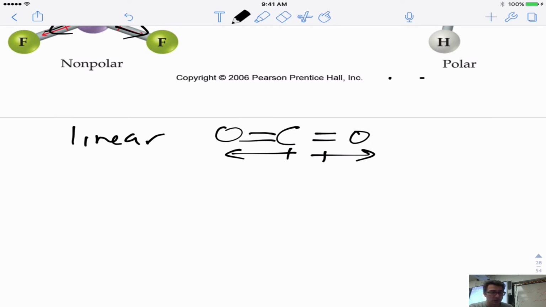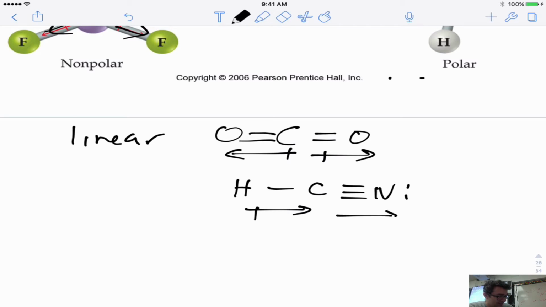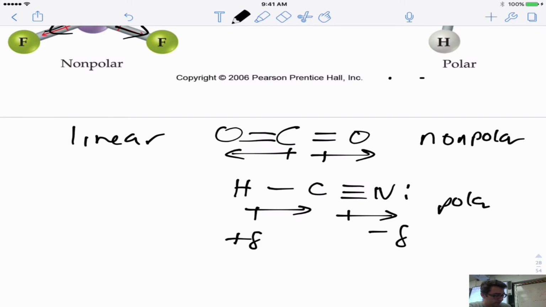But imagine if I had HCN like this. Now when I look at the electronegativities, I see that C is pulling more than H, and N is pulling more than C. What ends up happening is you get a negative part of the molecule versus a positive part of the molecule. Because of that, you have two situations for linear. You could be nonpolar, or you could be polar.